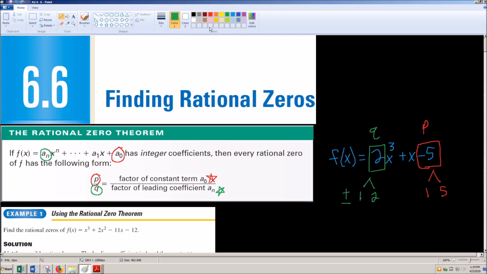For my p value, for my 5 here, it's going to be the same thing. I would have a positive 1 and a negative 5, or a negative 1 and a positive 5. So these are all my possible factors. Now I'm going to split this up. Let's scroll down a little bit.